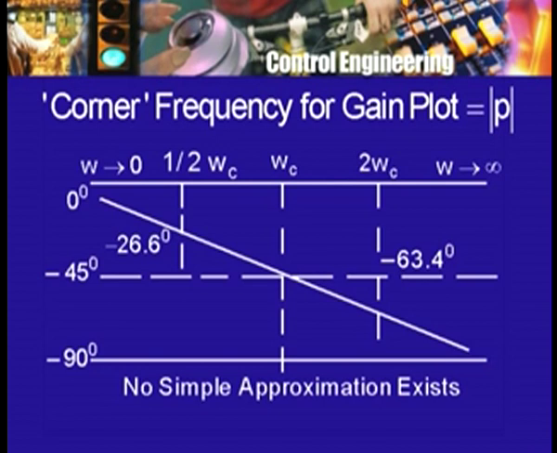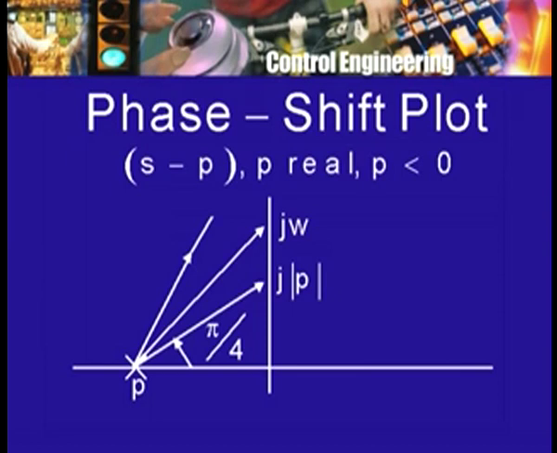One can try to remember, it is not very difficult, but of course one can always look up a table, some intermediate values. For example, if this is the corner frequency, let me call it omega c, c for corner. What is the phase shift if I consider a frequency which is 1/2 the corner frequency, that is an octave below the corner frequency? If you look at the diagram once again, now omega is p by 2.